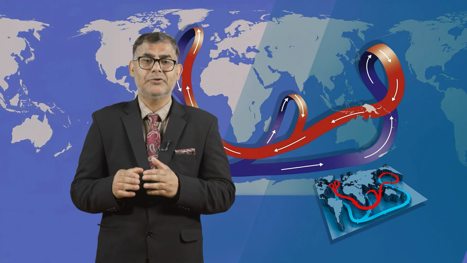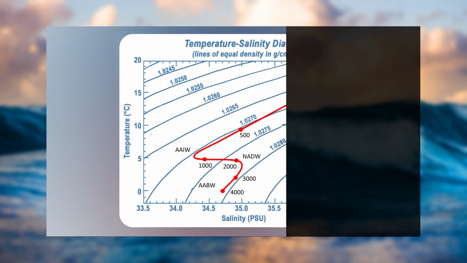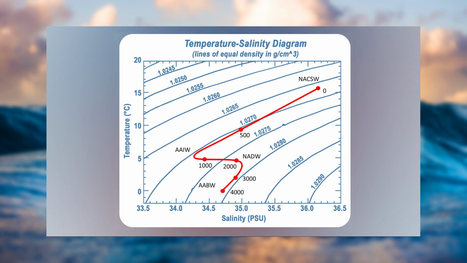In the example shown, you can see the NACSW is found at the surface, 0 meter depth. As you go from 0 to about 800 meters, there is a transition from NACSW into AAIW.